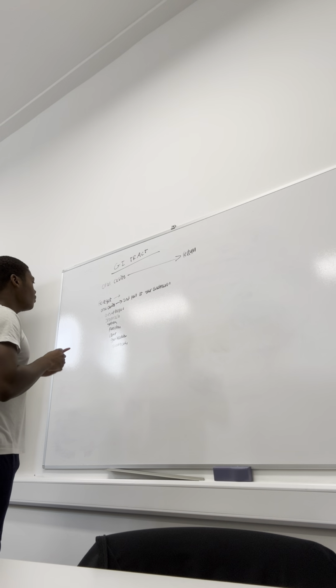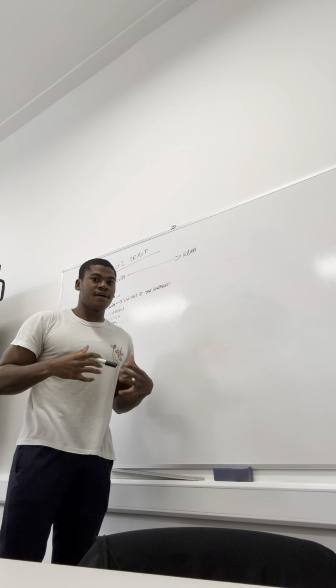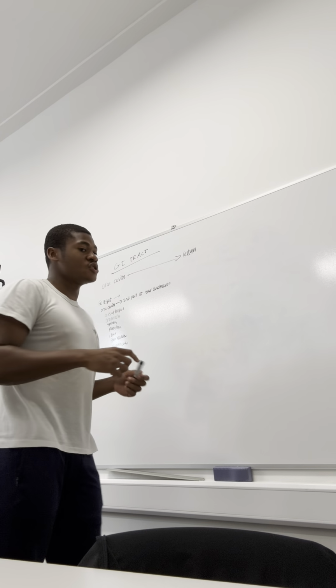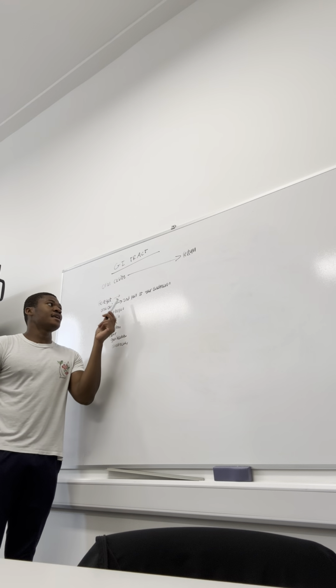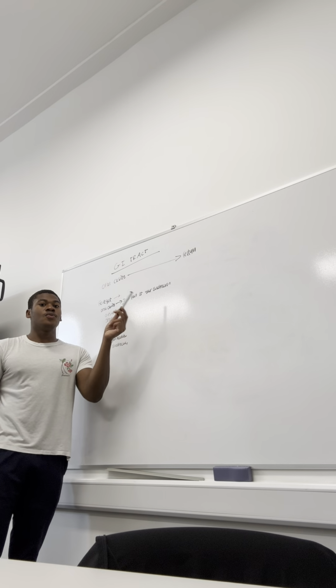So that's the first subdivision of the gut, your foregut: everything from the oral cavity down to the second part of your duodenum.